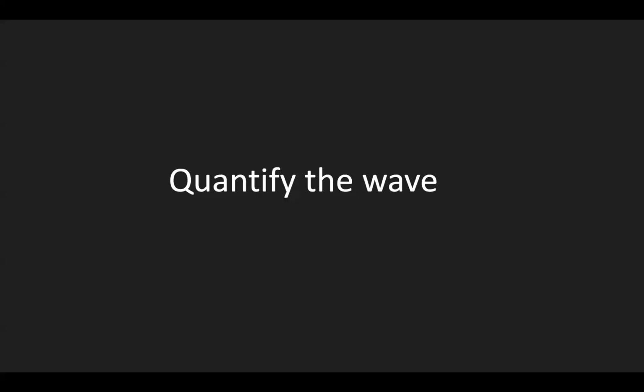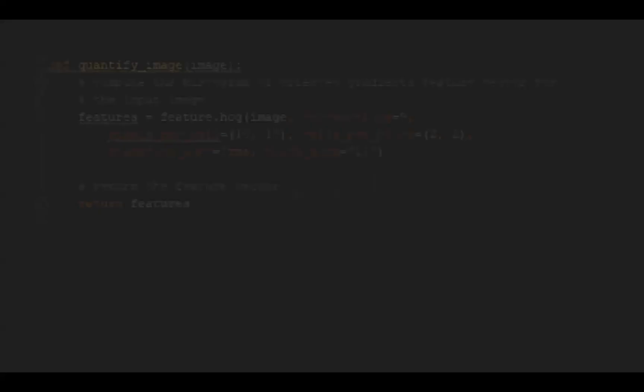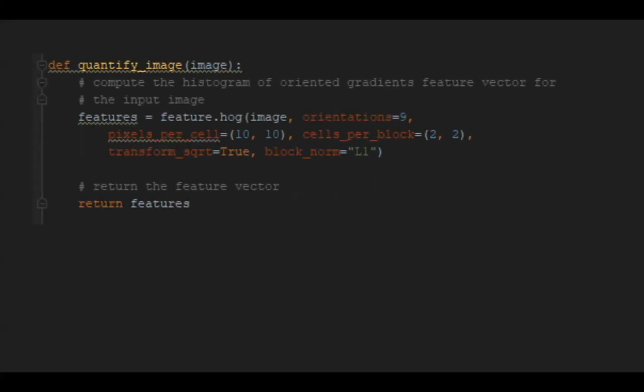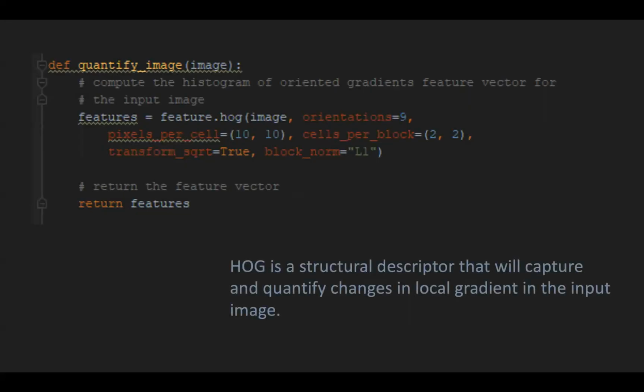Okay. Now we are going to see something called quantification of the wave. When we get an image, we have to quantify the image so that all the images are of the same size and have the same features, and then extract those features from the images. As I talked about earlier, I'm using HOG as a structural descriptor that will capture and quantify the changes in local gradient in the input image.